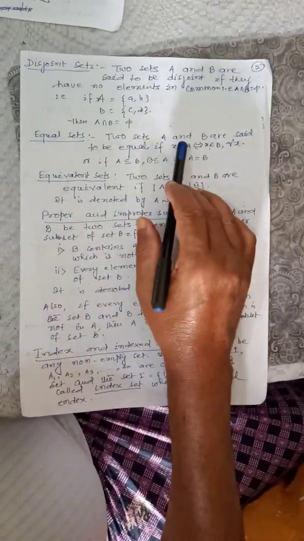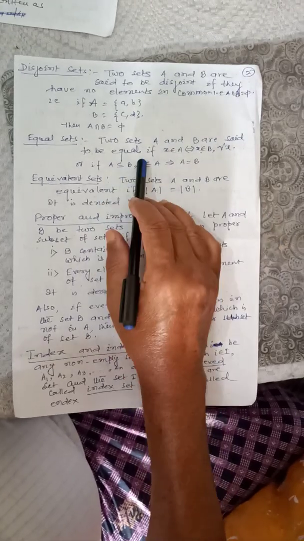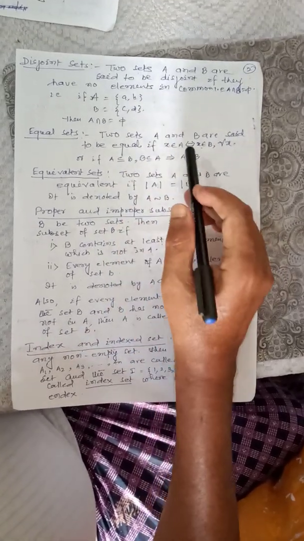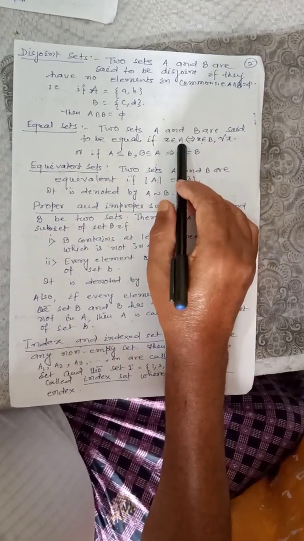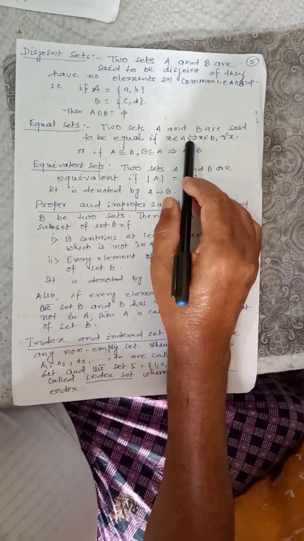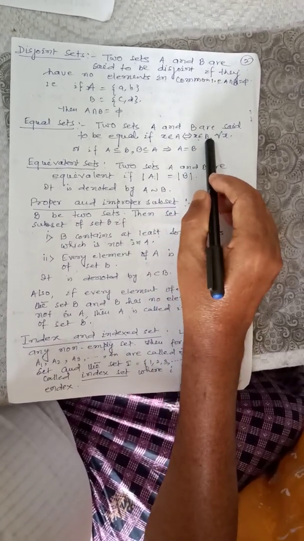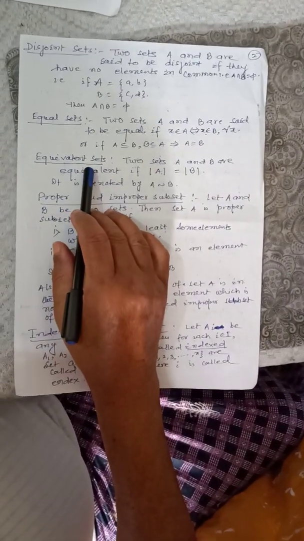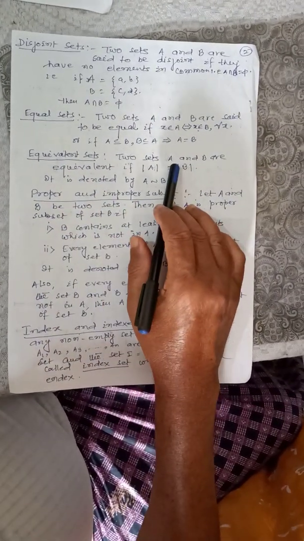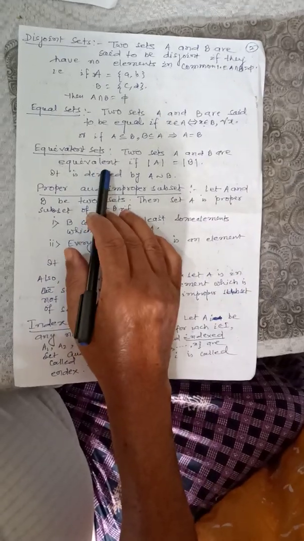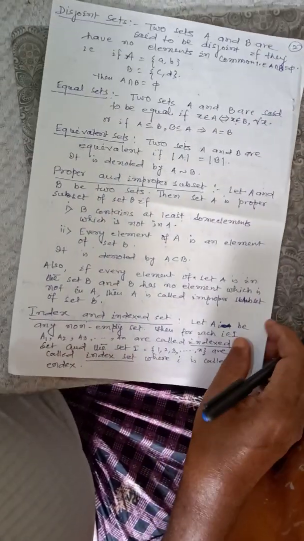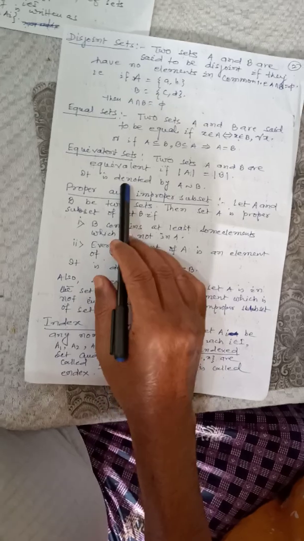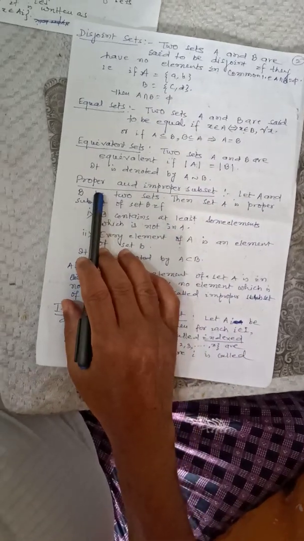Two sets A and B are said to be equal if x belongs to A is implied and implied by x belongs to B for all x. Equivalent sets. Two sets A and B are equivalent if their cardinal numbers are equal. It is denoted by this symbol.